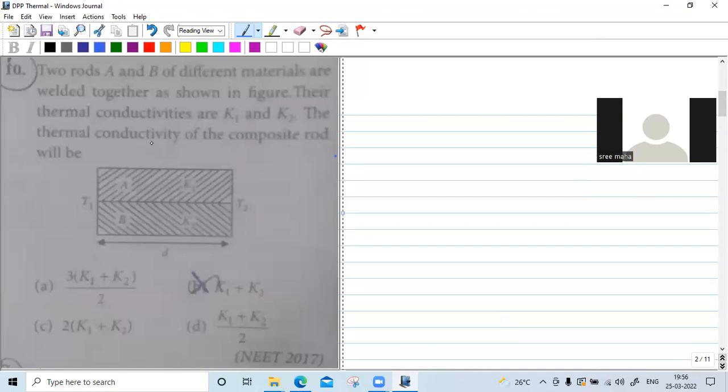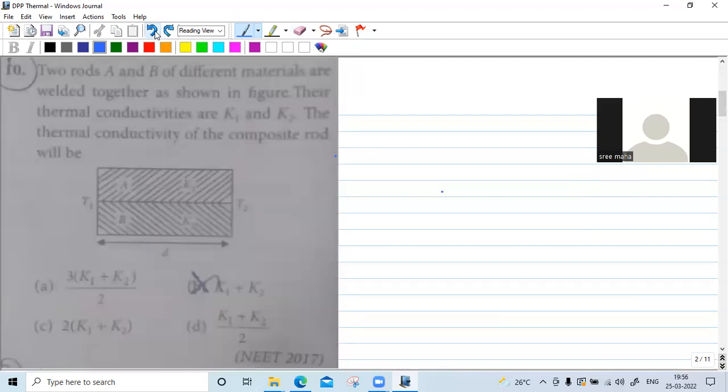Okay, one thing is the heat can flow like this way, or it can flow this way, and it will come out this way. So let me try both of them.